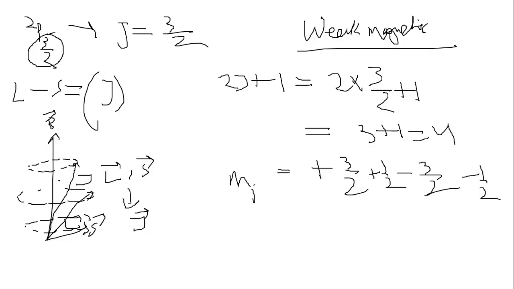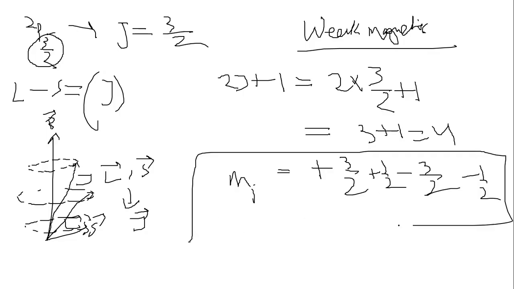So for this J, it will have 4 mj values because J equals 3/2, and for each J we have mj values. So for J equals 3/2, we will have 4 mj values, which are plus 3/2, plus 1/2, minus 3/2 and minus 1/2.